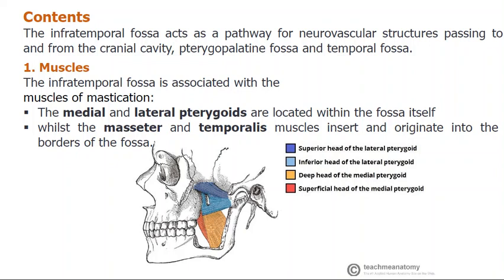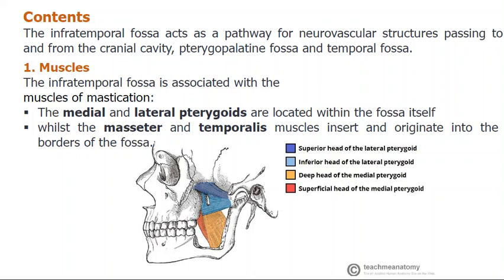We mentioned that we will see the muscles in just a moment, and in this illustration we can see the blue colored muscle, two parts, the lateral pterygoid muscle, forming one of the medial boundaries of the fossa, while the brown one is the medial pterygoid muscle with its two parts, superficial and deep, and this muscle forms the inferior boundary, called the floor of the fossa. Okay, now we have two muscles, medial and lateral pterygoid, forming the contents of the fossa.